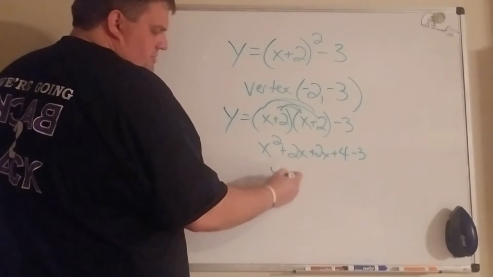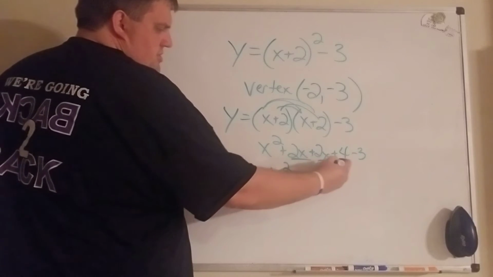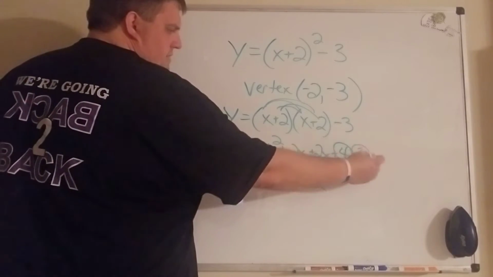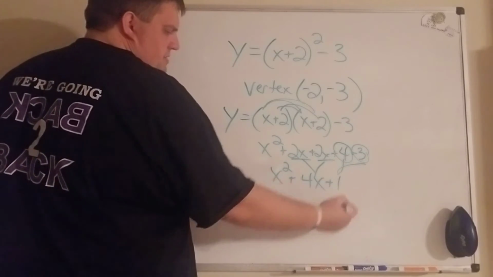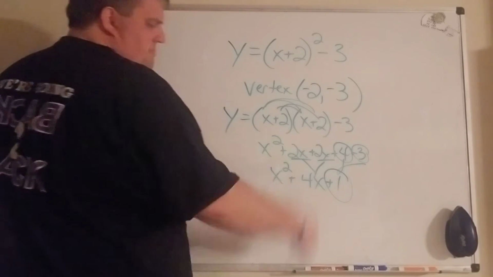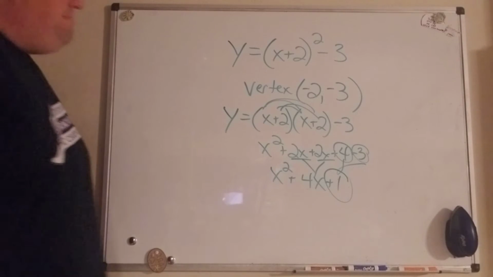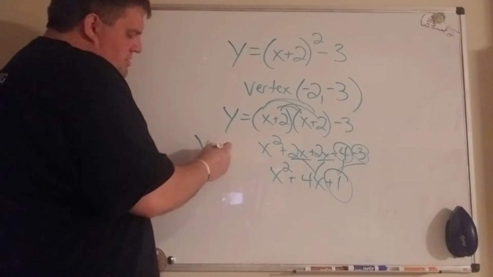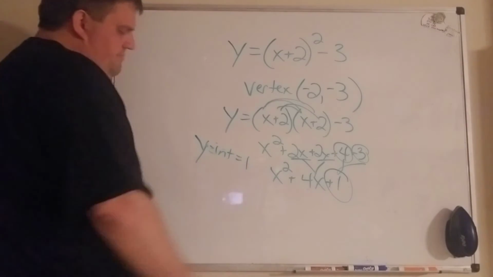And then just add your like terms. 2x and 2x is 4x. And 4 and -3 is just going to give you 1. So the c term is going to tell me my y-intercept. In this case, it is just 1. So my y-intercept is 1.